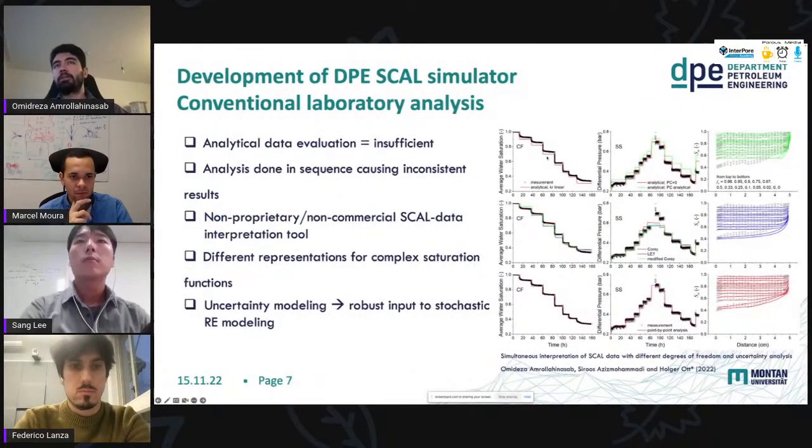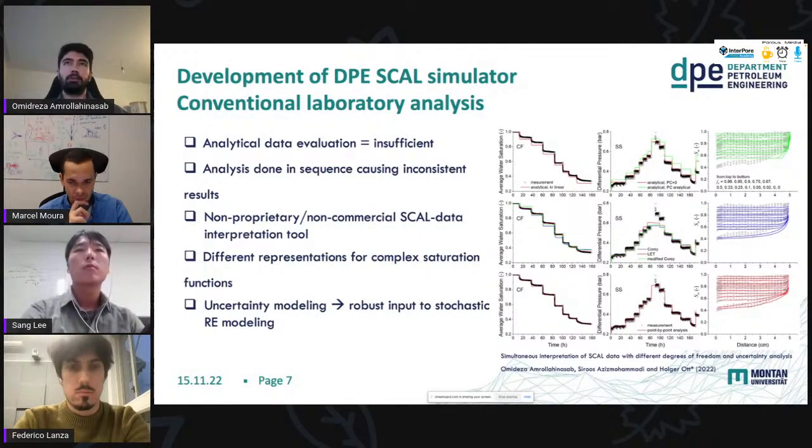the analytical solutions that we talked about, now here I show the problems with them. Yeah, so for example, with the centrifuge at the top figure, you can see if you try to get your PC with these methods, you are off your measurements.